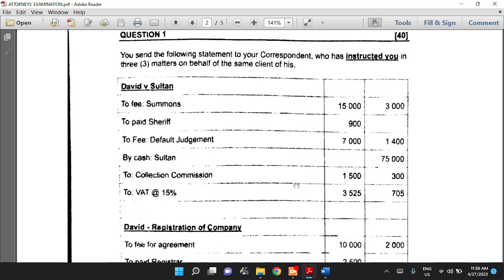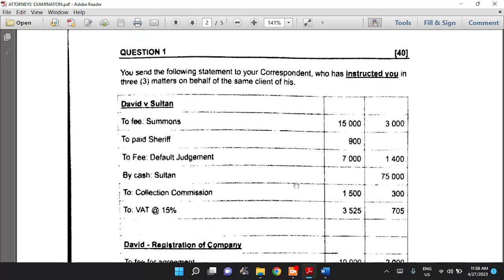Let me just explain question 1. I know a lot of candidate attorneys that were writing this question, some of them got confused because it is a mess. As you can see here, this question was made tricky, but the question is very easy, straightforward.